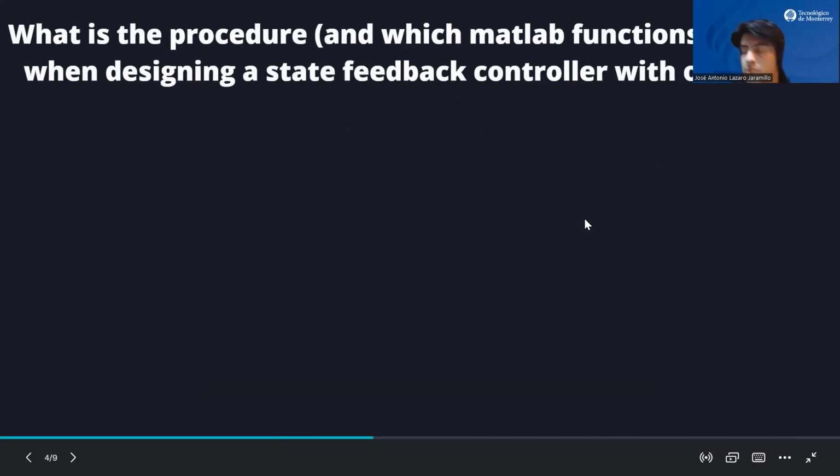So now, talking more about the evidence and what I did. What is the procedure when designing a state feedback controller with observer? Based on the last evidence, I take the best model that I got and I adapt it in this new program that has the feedback.